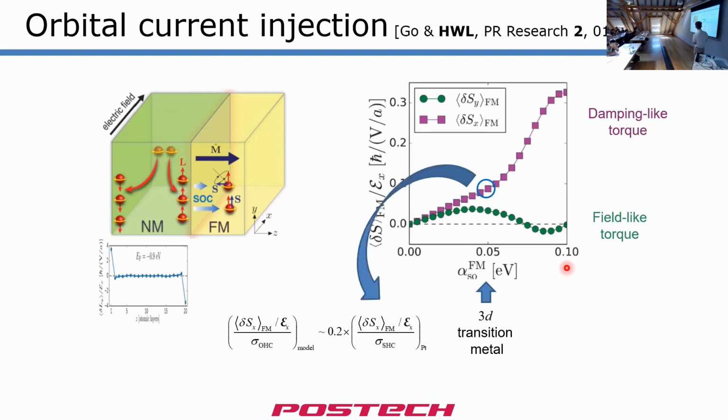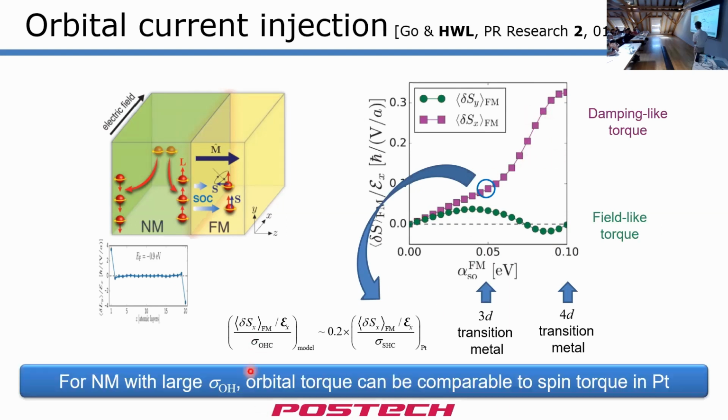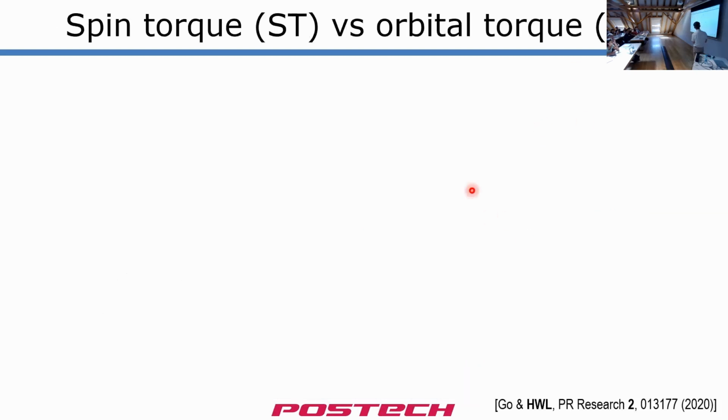And if we just imagine a 4D transition metal, although I'm not aware of any 4D transition metal with ferromagnetism, if we simply replace the spin-orbit coupling strength in the ferromagnet, we found larger torque. So we discovered that the orbital Hall effect can generate torque when the resulting orbital current is injected into a ferromagnet, and it can be significant.